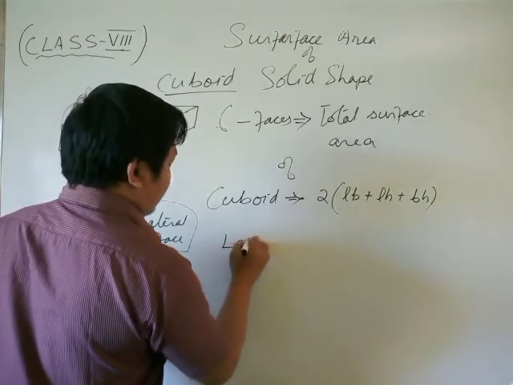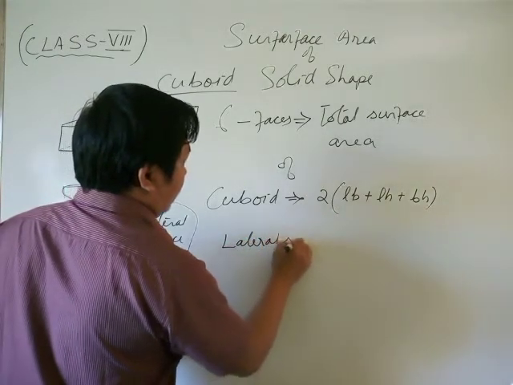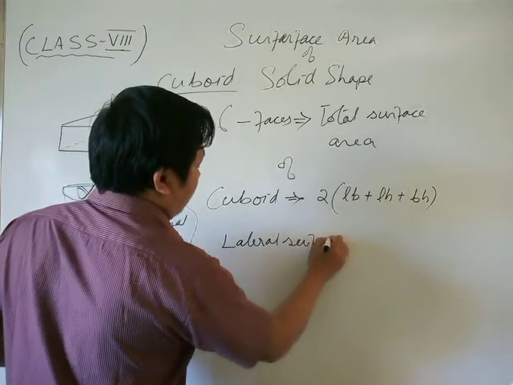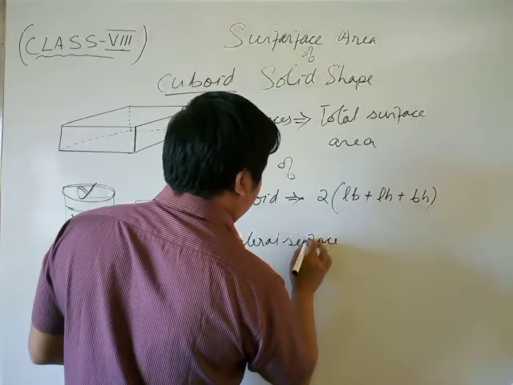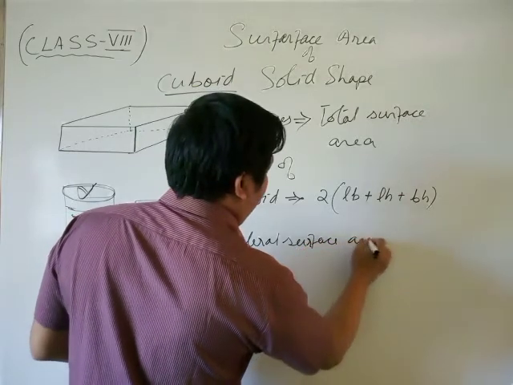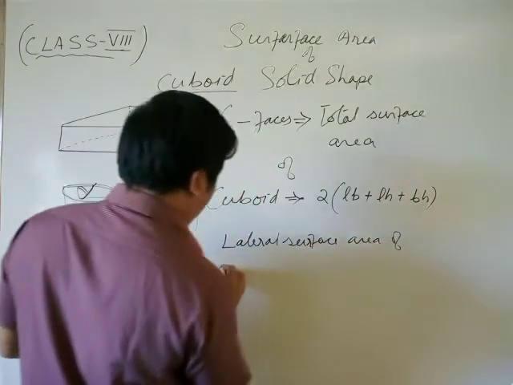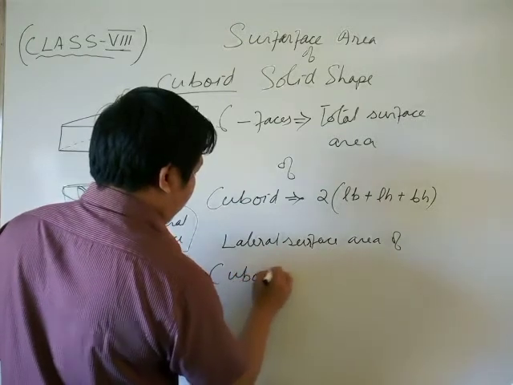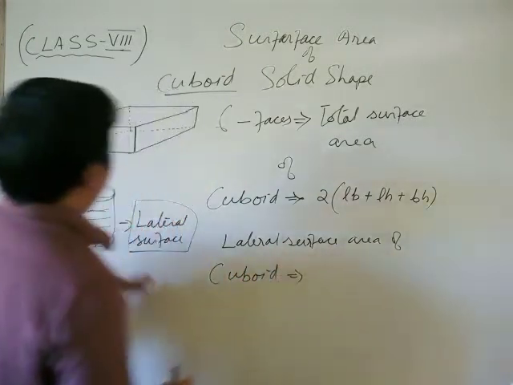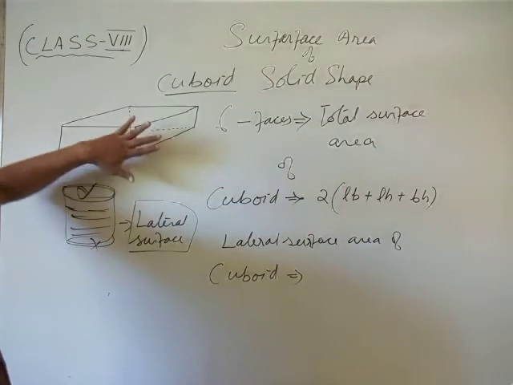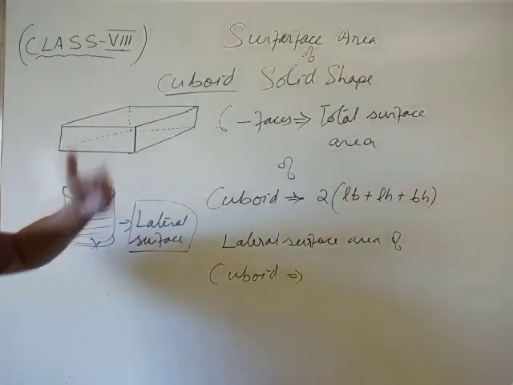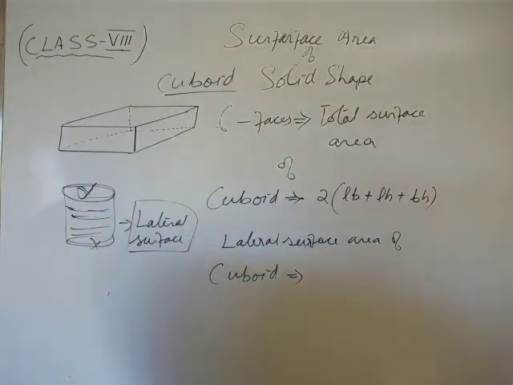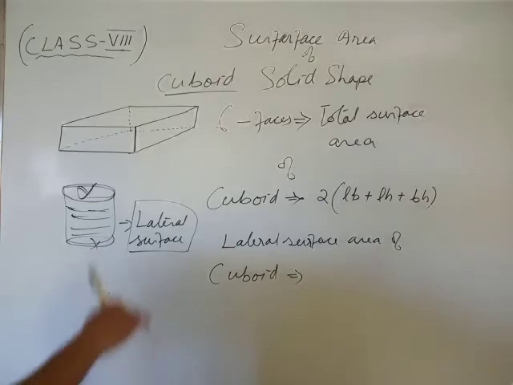Now, the lateral surface area of a cuboid. If you want to find out only the area of the four upright surfaces, not the flat ones, like the surfaces of the four walls, they are called lateral surface.